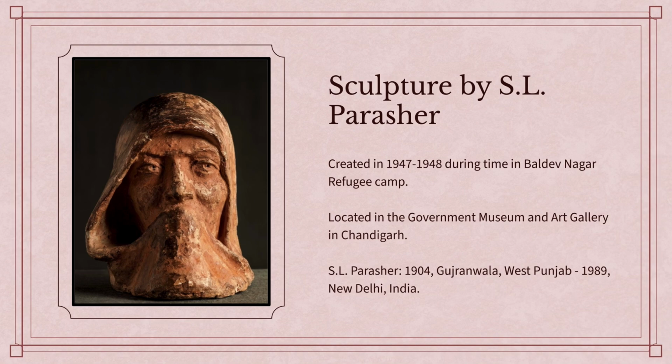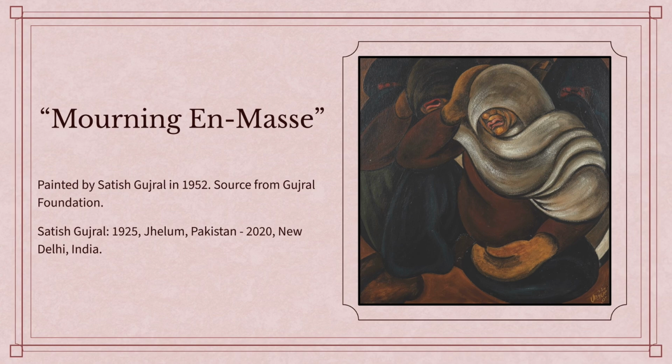All of these people had to go through, and I immediately follow it with Mourning and Moss, which I also believe personifies something that isn't an image. It's a painting. So this was created by Satish Gujral in 1952, only a couple years later, and it shows the state that was still driving these people.